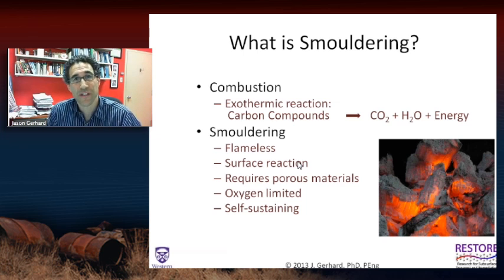Because you need to have oxygen penetration, and the burning is happening in the material itself, the solid material, then it's necessary to have a porous material. So you can't have smoldering if you have something that's completely solid. For example, if you had charcoal with no pores in it, if it wasn't a porous material, you would not get a high surface area, and you would not be able to have that oxygen diffuse into that surface through the pore network.